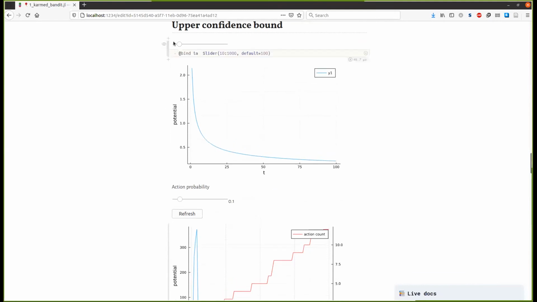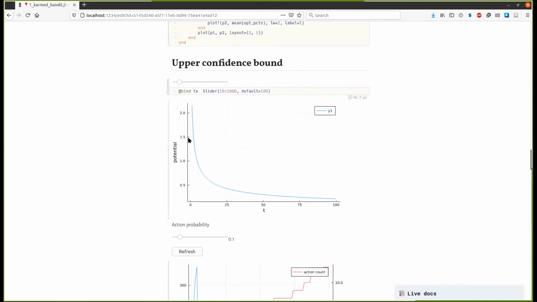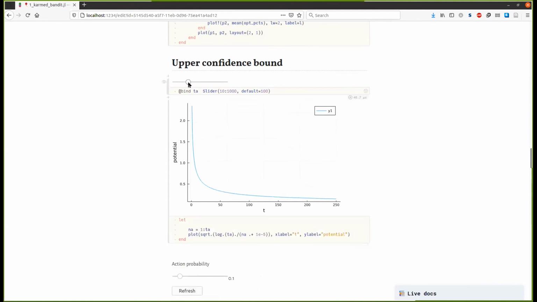Yes. Right. So this is the value we assign. Depending on time, you see it begins very large, but then it decays. That's the second term, right?